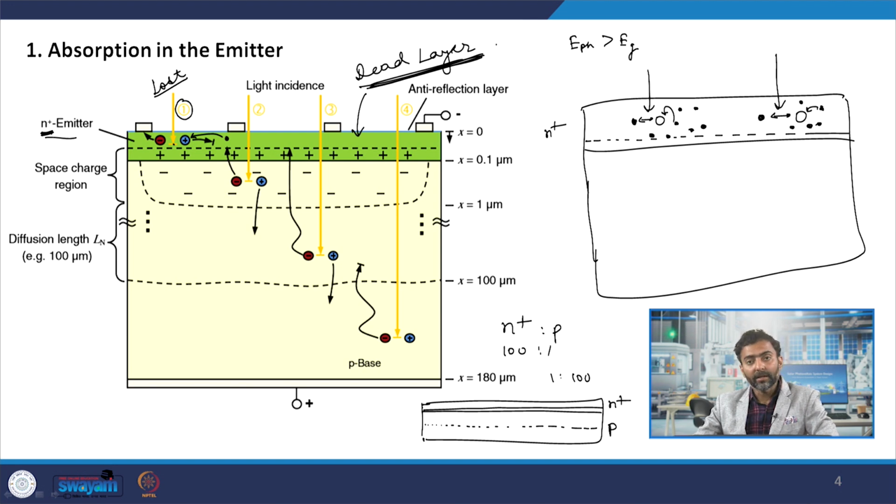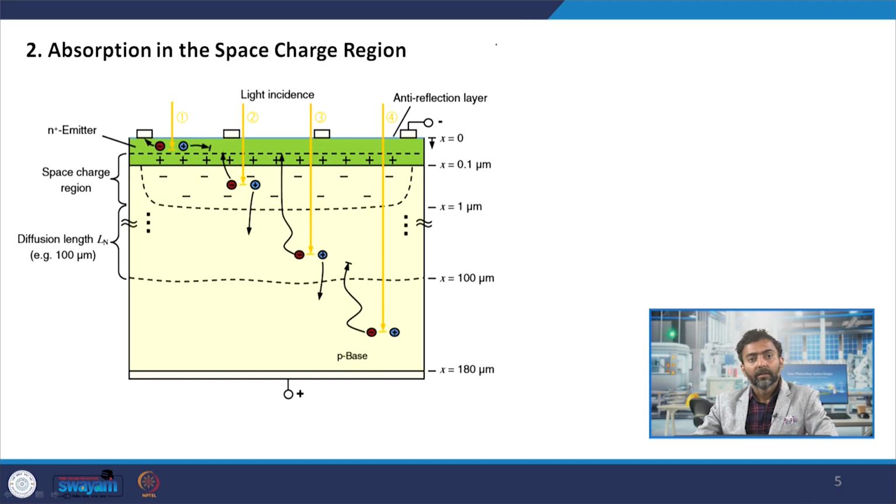Then let us go to the second layer. The second layer in the solar cell operation is what we are defining as the space charge region. Now this is actually the most productive, most fertile portion of the solar cell. And why is that? Because of this electric field.